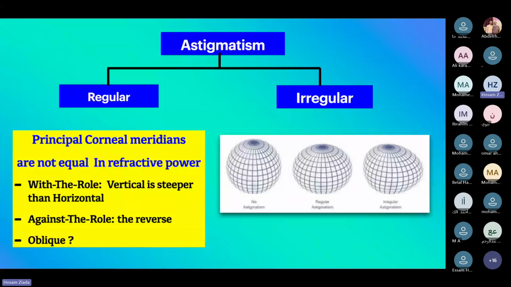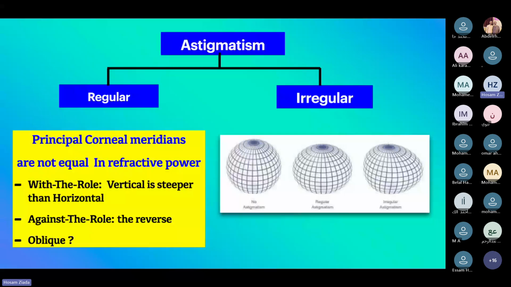Astigmatism means no point. In Arabic they call it the no-point condition. Astigmatism is the name of the condition, the pathological state itself. So astigmatism means that the refractive powers of the eye are not equal in refractive power.